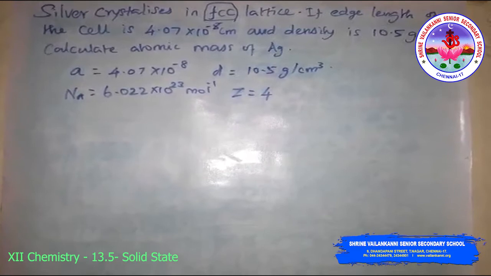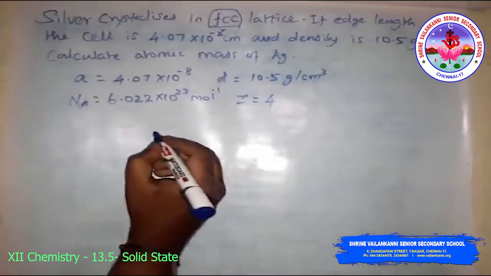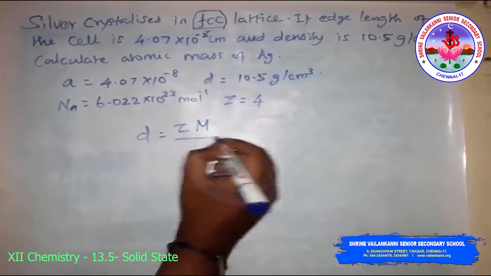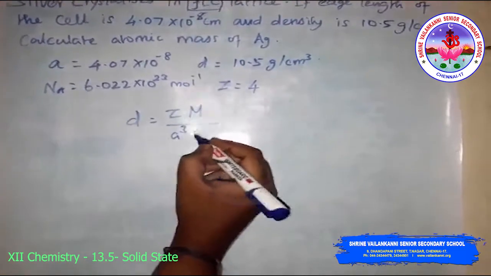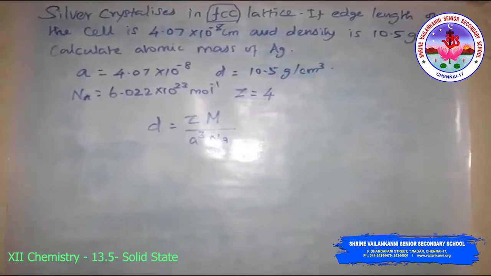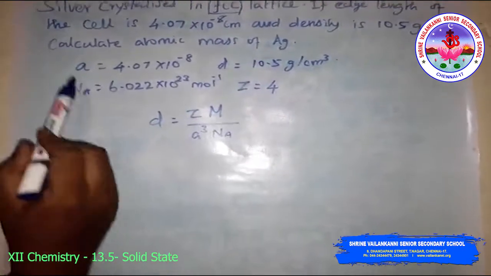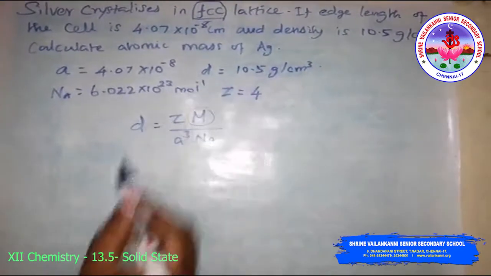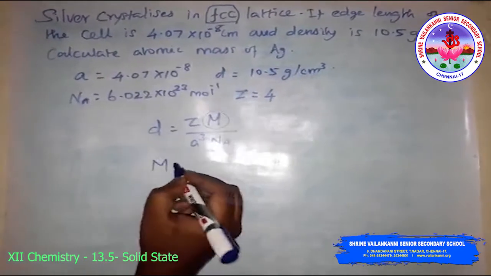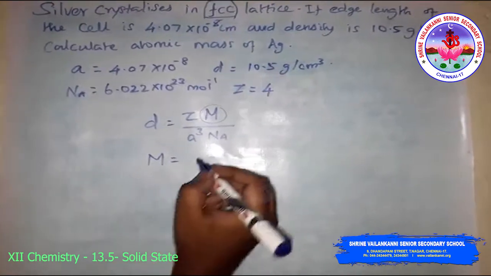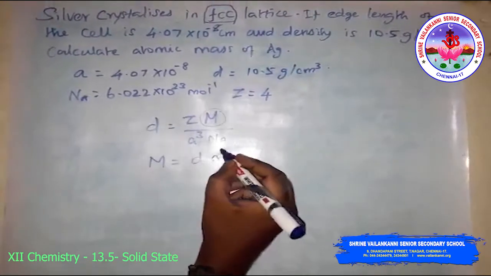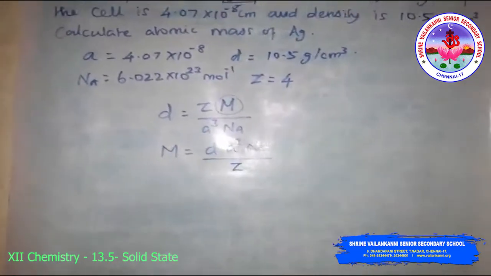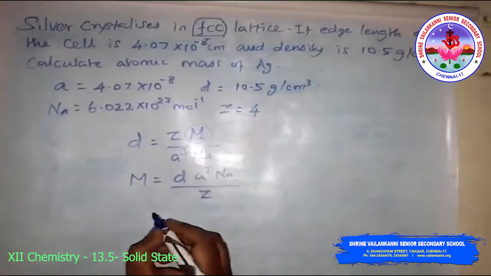Using the relation, we know the formula is D is equal to Z m divided by A cube into Na. Now applying the values, first we want to find out the atomic mass of silver. So we have to calculate this m. Rearrange the formula: M is equal to D into A cube into Na divided by Z. So here apply the values.